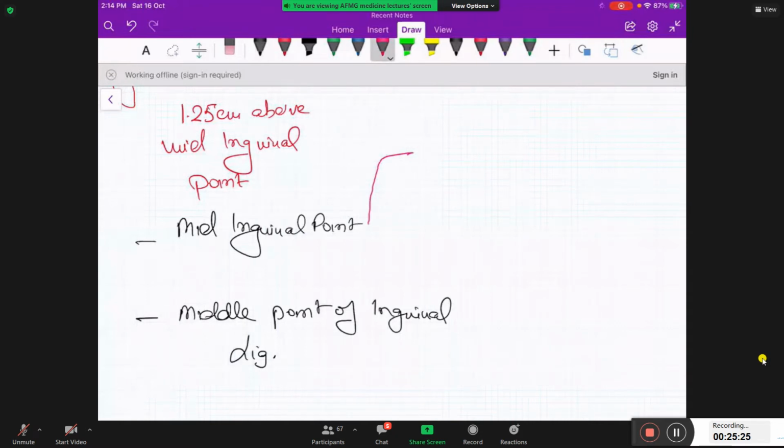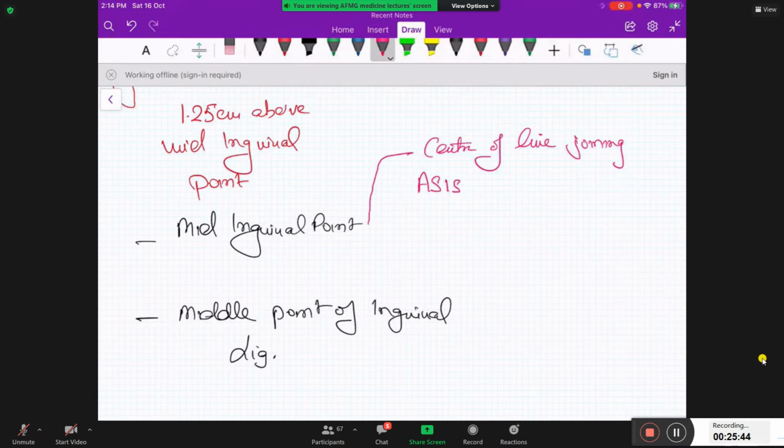Mid-inguinal point is the center of the line joining the anterior superior iliac spine with the pubic symphysis.